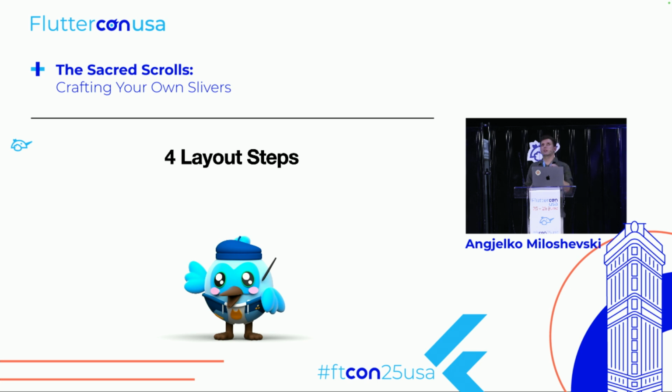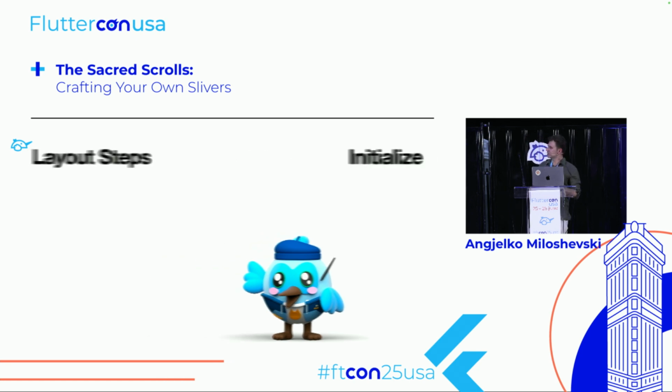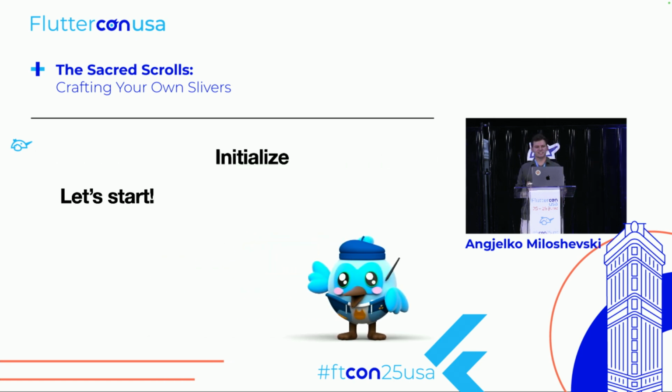Now, going to the main part. When I was working on the algorithm for creating the lazy sliver, I managed to split the perform layout into four steps. I call them the four layout steps. The first one is to initialize, where we tell the framework, okay, we are starting.